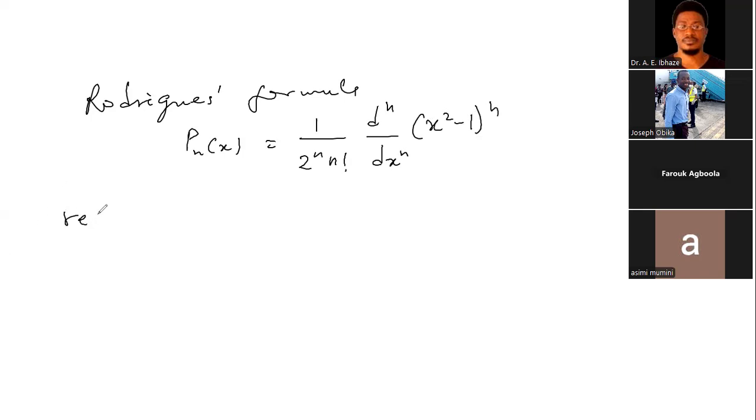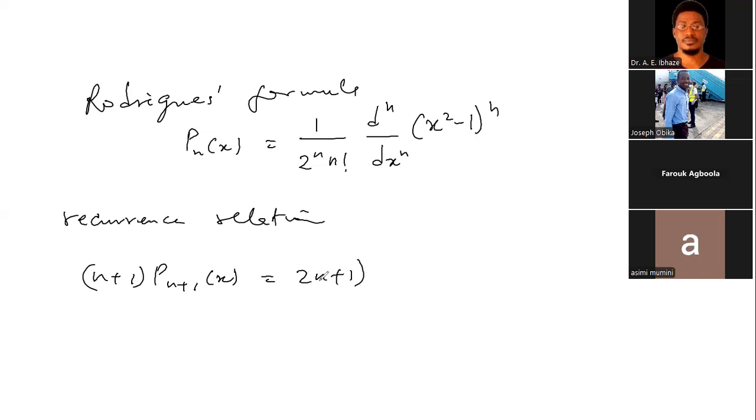But if we use the recurrence relation, we have (n plus 1) P n plus 1 of x equal to (2n plus 1) x P n of x minus n P n minus 1 of x. And from these two, we can equally put up the Legendre polynomials.